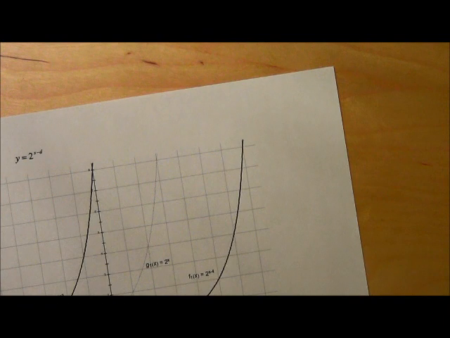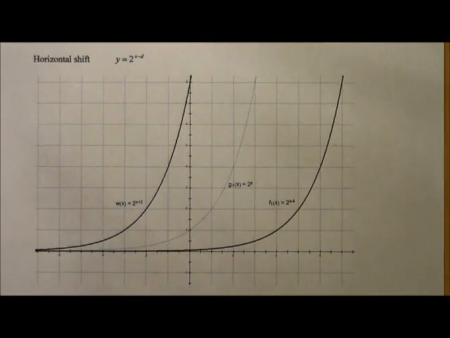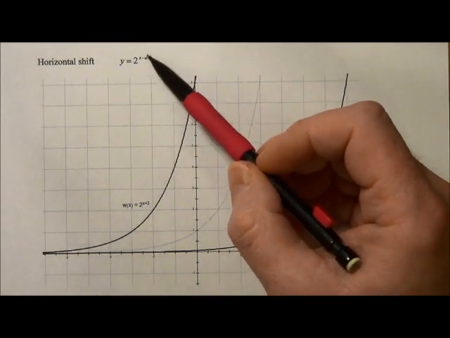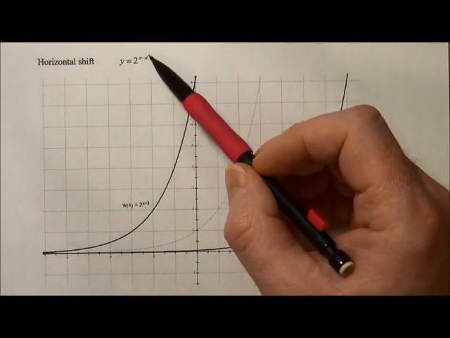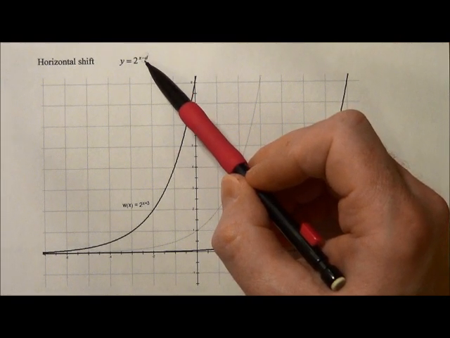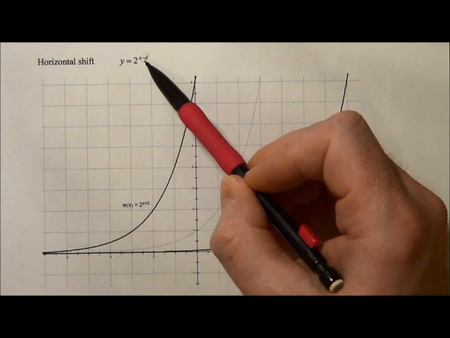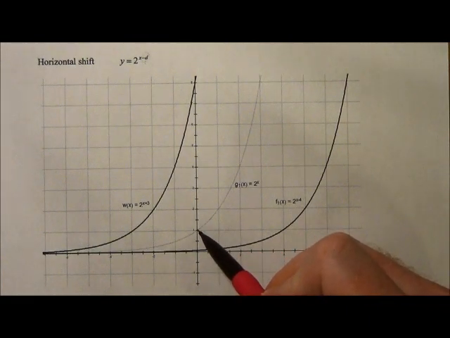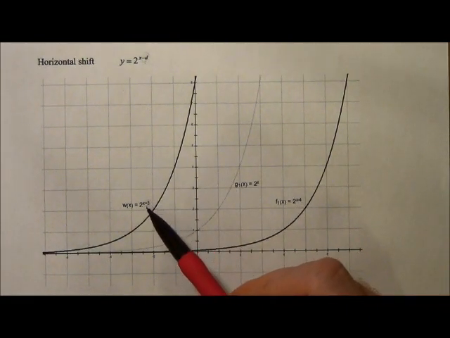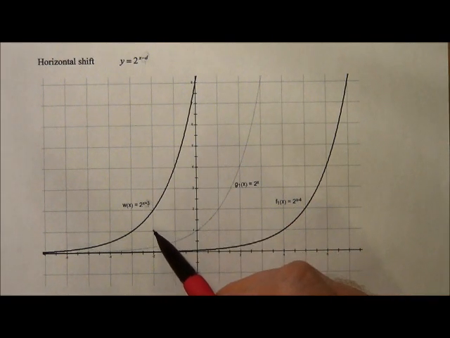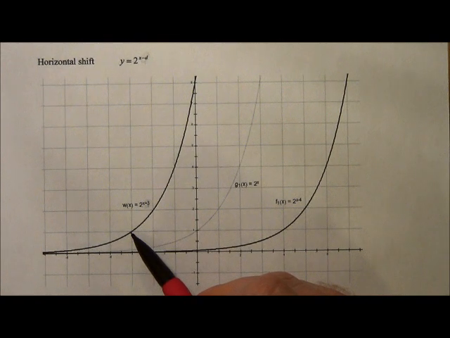Okay, we'll just move right along here to the horizontal translations. And that's indicated by a plus or minus of some sort of constant in the exponent of the exponential function. And so here's the original function again, y equals 2 to the x. When we're adding 3 into the exponent, we see that the function gets translated to the left 3 units.